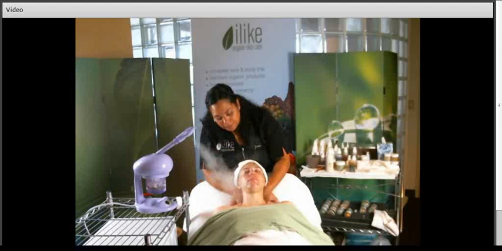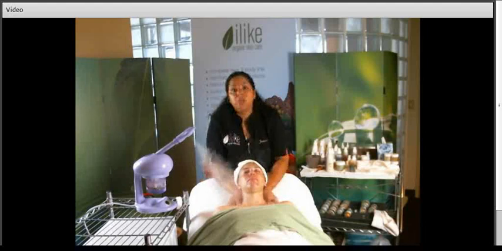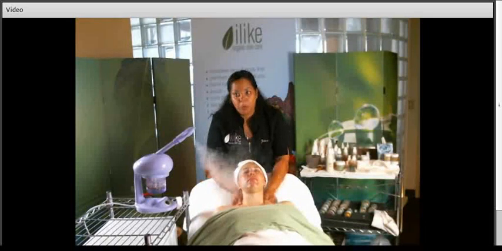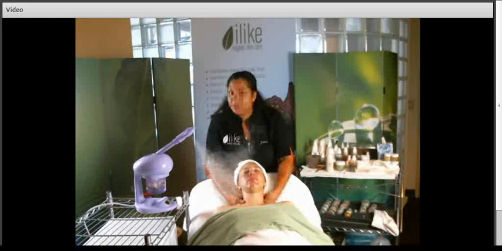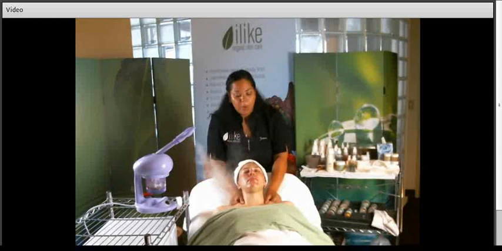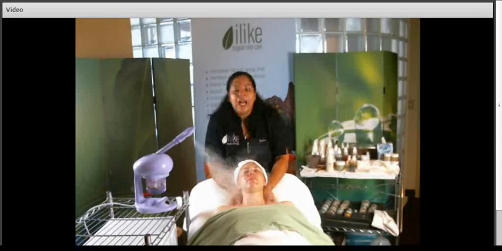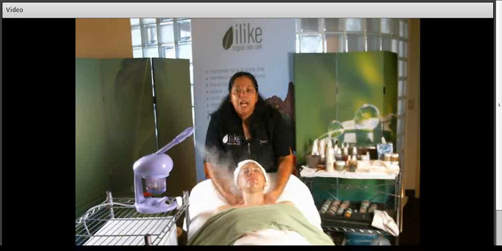I would typically only extract open comedones. I typically will not extract, or don't recommend extracting, nodules or cysts. That's a no-no because you can really cause some damage and scarring. And the pimples and pustules can also lead into worse problems as well.